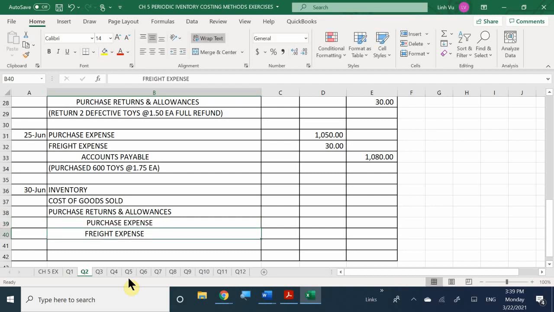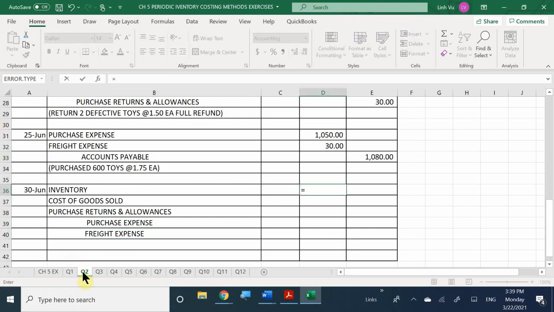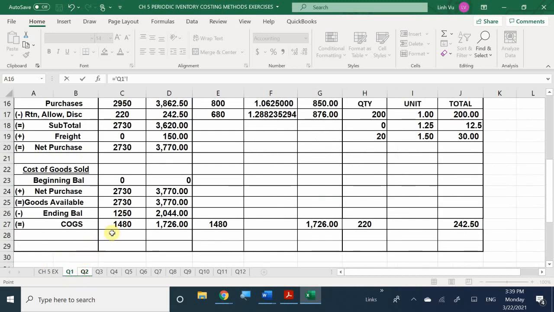Okay, so let's go ahead and fill in our table or our information here. So what was my ending inventory? 2044.